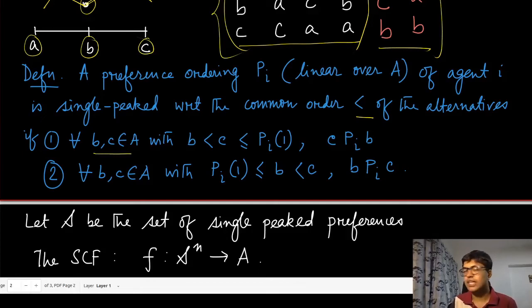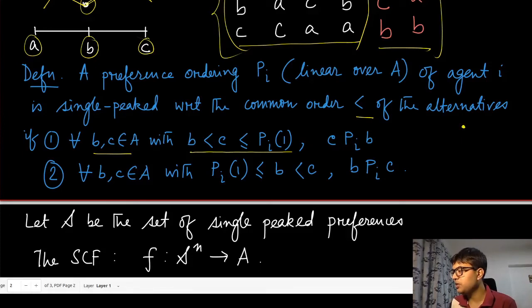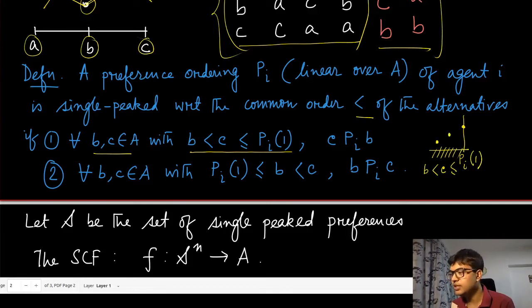If B and C are in A and both of them live on the left hand side of the peak, where Pi1 is the topmost alternative of player I, and B is in a more left position than C, then by the definition of single peakedness, C is going to be more preferred than B. That is the assumption over single peakedness.